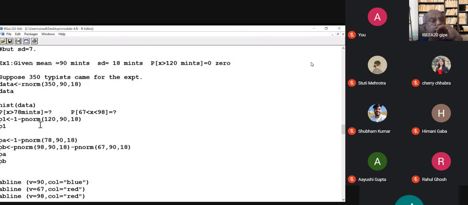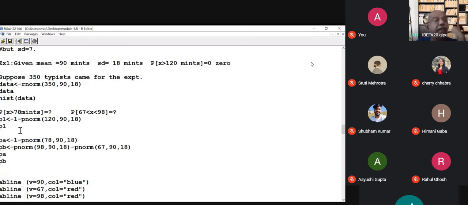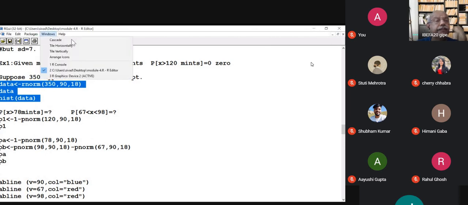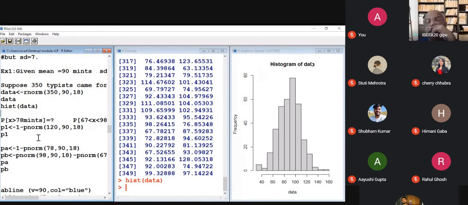Clear now? Plot the data. What can be the shape of the graph then? Anybody? It's bell shaped, it's a bell curve. Correct. This is the normal distribution. For which value of the speed are more typists concentrated?